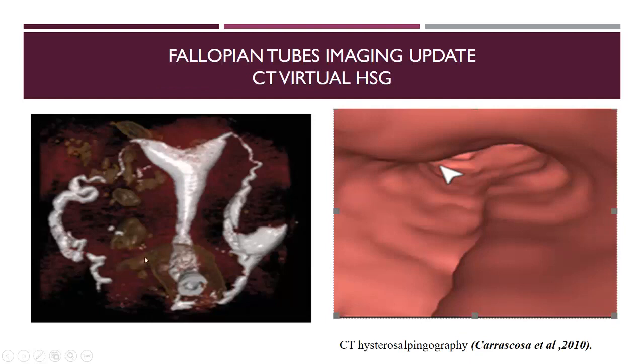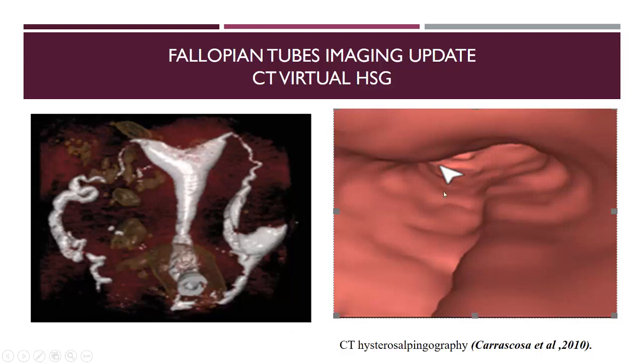We have imaging also with CT virtual hysterosalpingography. Virtual CT hysterosalpingography is a nice technique, but not so nice because there is radiation exposure also, so we can do simple hysterosalpingography instead. But we can do navigation through the fallopian tube, and this is a surface rendering and map.